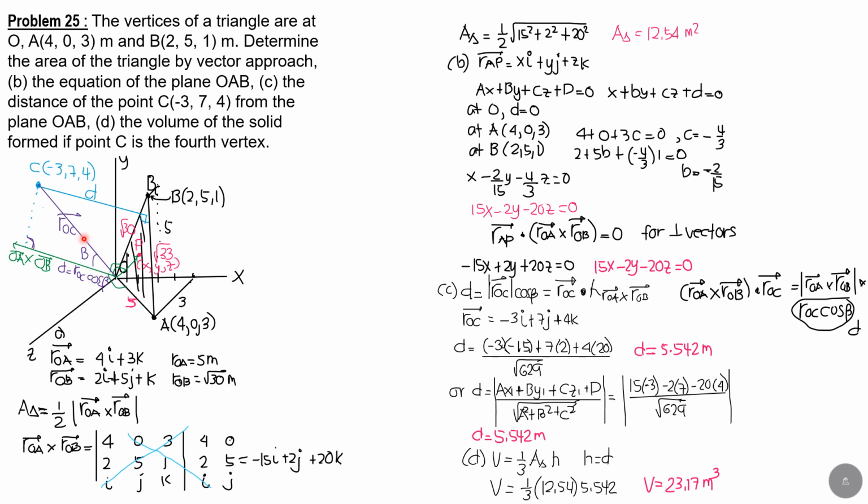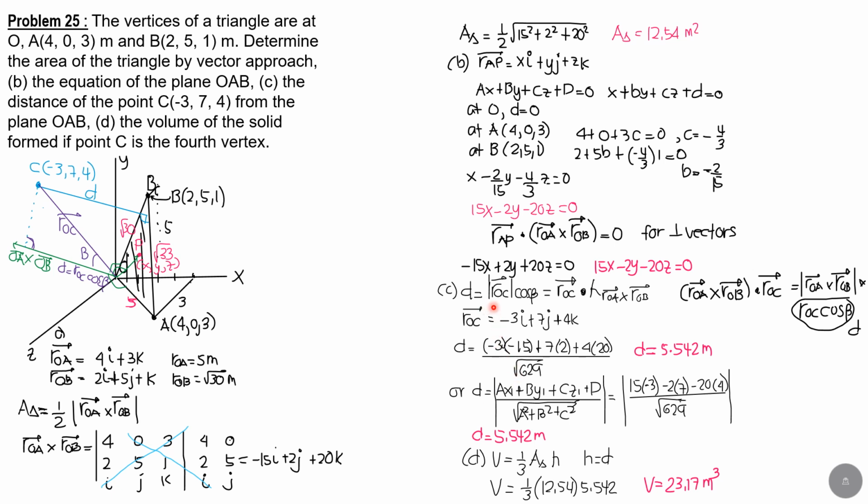So it is the magnitude of ROC cosine of beta, and that is found if we obtain the dot product of ROC with this OA cross OB. So distance D, perpendicular distance, is the magnitude of ROC cosine of beta. And that can be found by dotting ROC with this vector here, which is ROA cross ROB, which we already found.